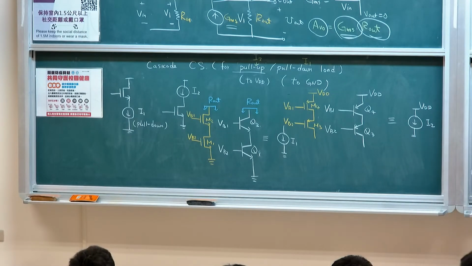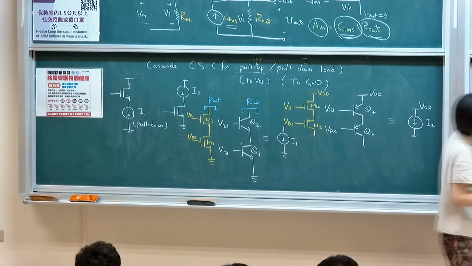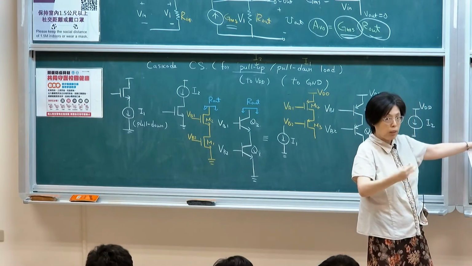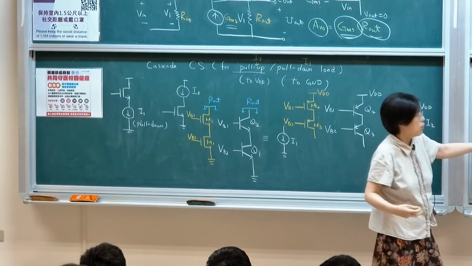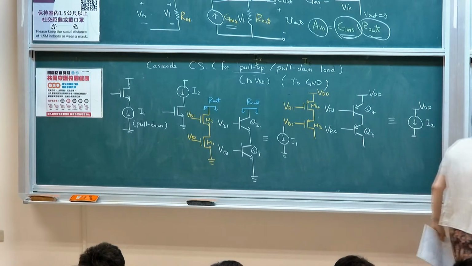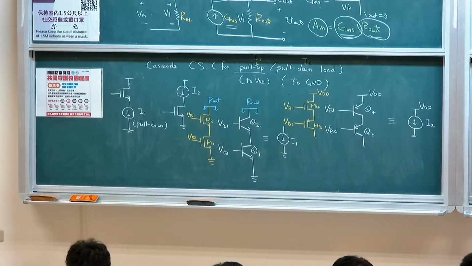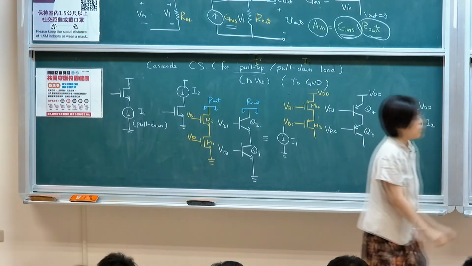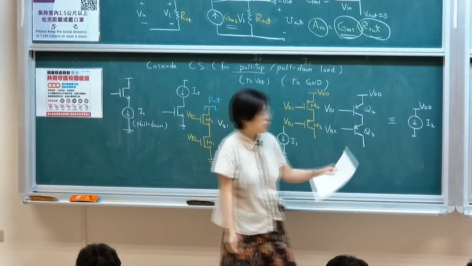So your circuit can be simplified as M2 with VB2, and the bottom circuit you only see the effect of a resistance, RO1. Right? So this is equivalent to this. I'm looking in from here for output resistance. Go back and look at the common gate at its output terminal.